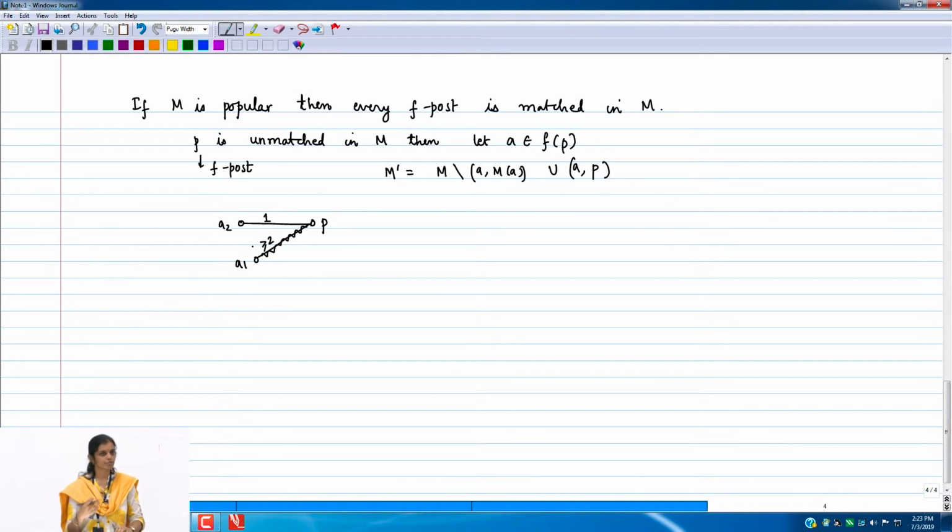So again, every time you want to do this, you should think of, are there 2 people whom you can promote at the cost of 1 person whom you can let go down, right? We know that A2 is the one which we want to promote. Is there some other person?